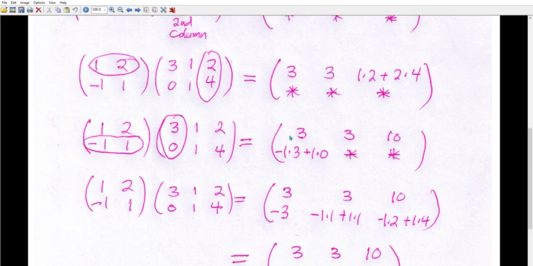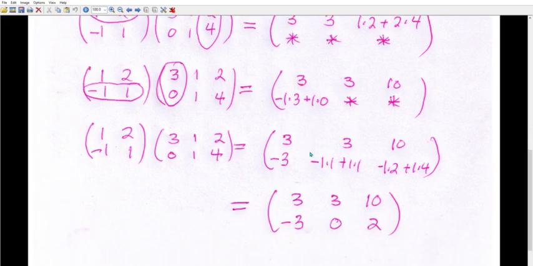Now to get the 2,1 entry in the product matrix, we dot the second row, row 2, with column 1, and we get minus 1 times 3 plus 1 times 0, and that's the 2,1 entry.